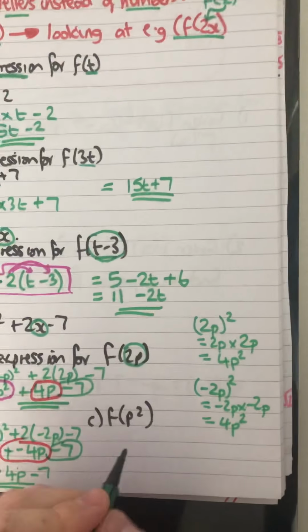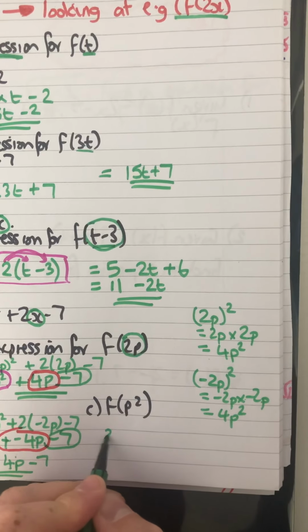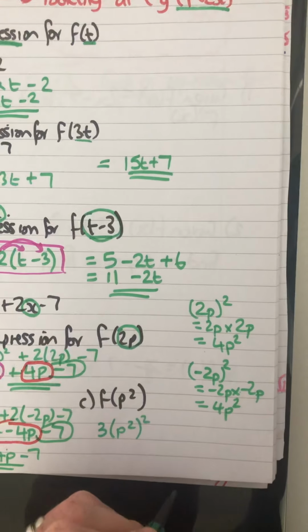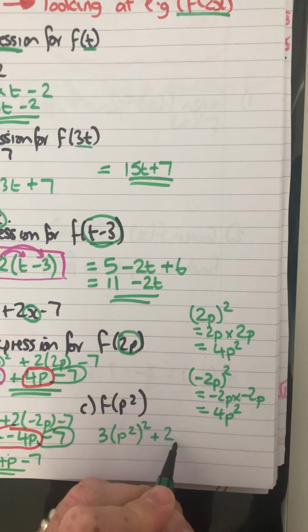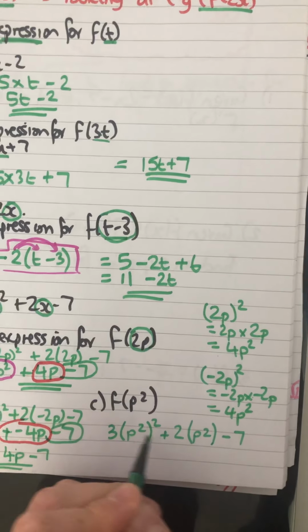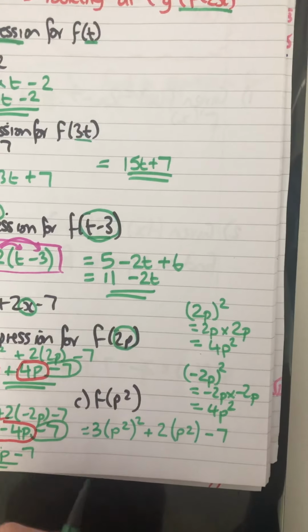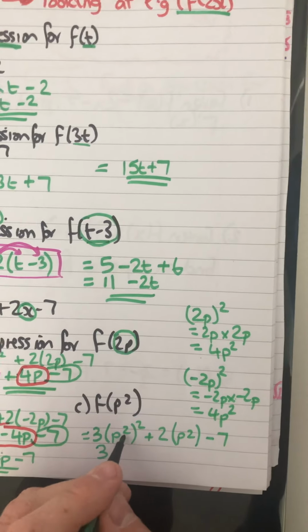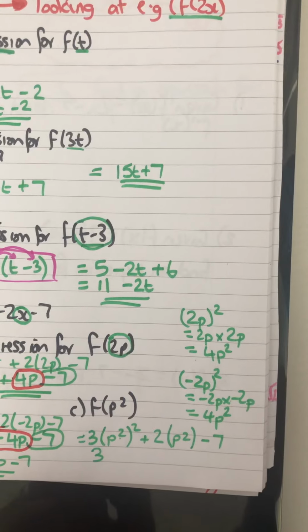Right, final one. 3 times p squared, squared, plus 2 times p squared, minus 7. So take your time like I've just done in substituting them in. Right, this one, 3. What's p squared to the power of 2?